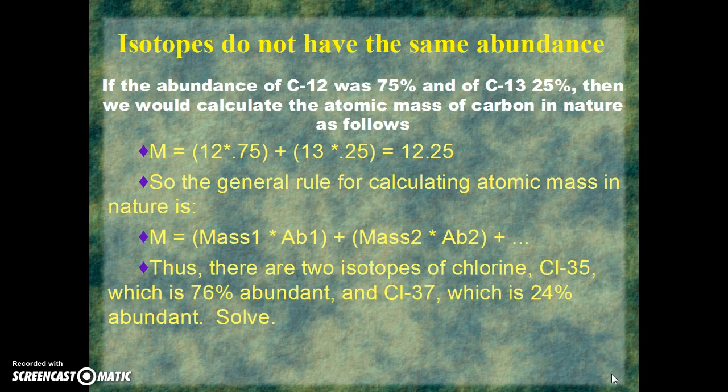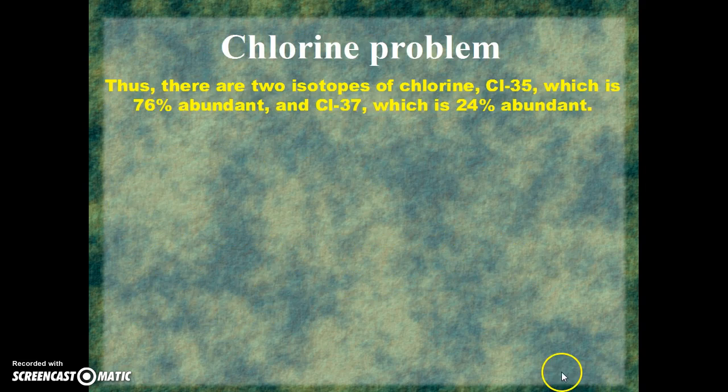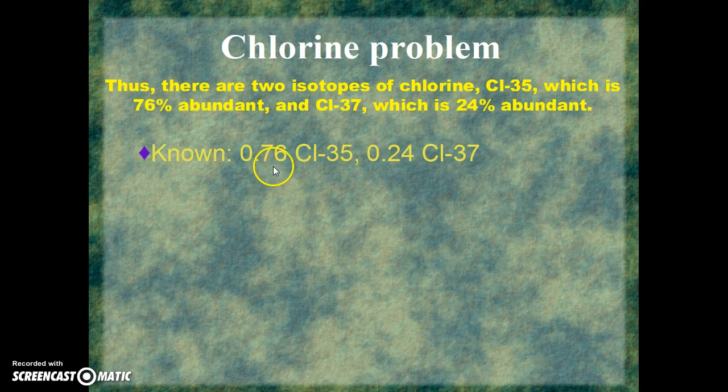Now, there are two isotopes of chlorine, chlorine-35, which is 76% abundance, and chlorine-37, which is 24% abundant. So let's solve for the weighted average mass that we should put on the periodic table. We know the abundance of each isotope and the mass of each isotope. So the abundance of chlorine-37 is 0.24 or 24%.